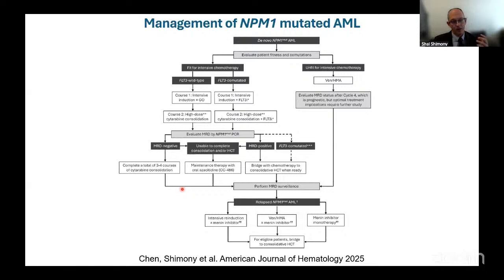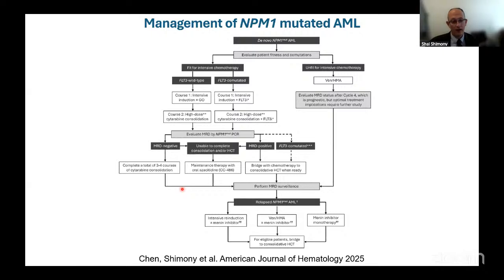It's always a shared discussion between the doctor, the patient, and the family about the goals of care, but one may decide with the doctor that, okay, we achieved MRD negativity, I may try to pursue not going to transplant.